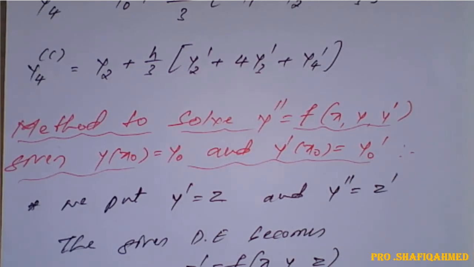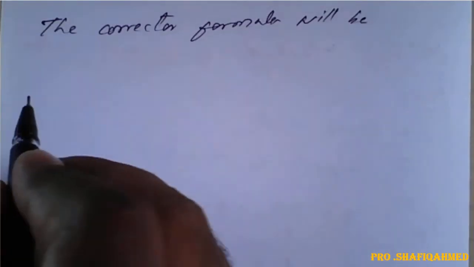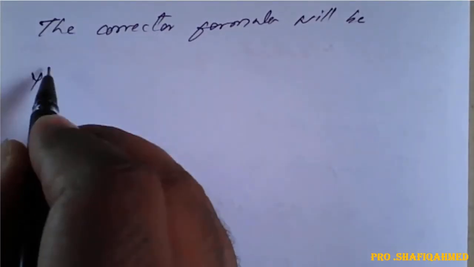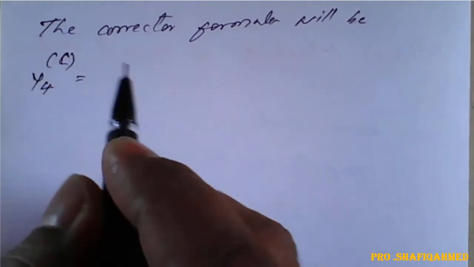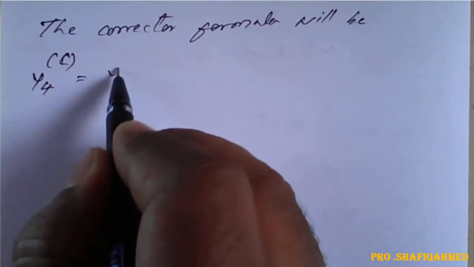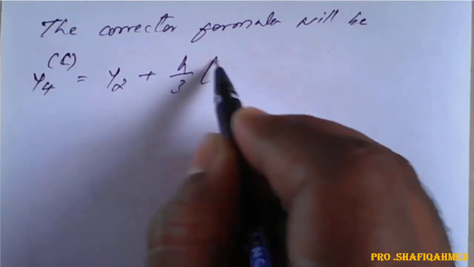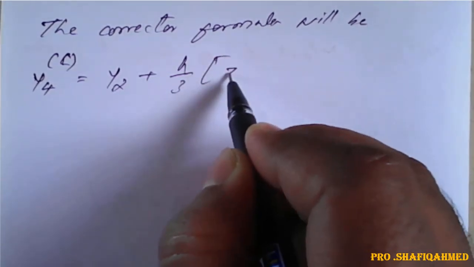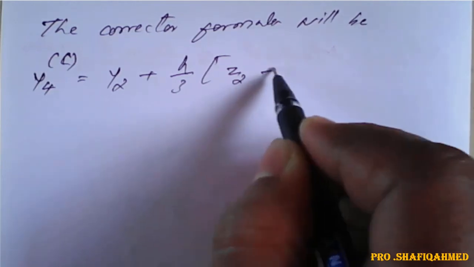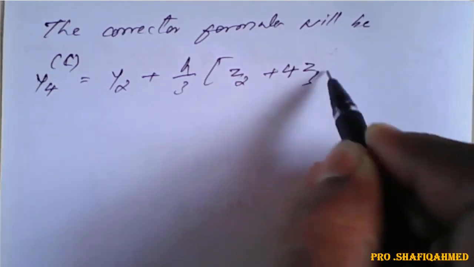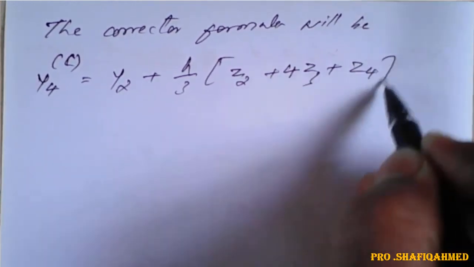Therefore the corrector formula is y4 of c is equal to y2 plus h by 3 bracket z2 plus 4 times z3 plus z4.